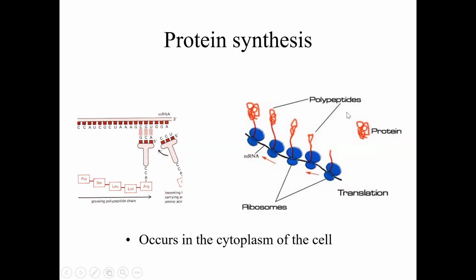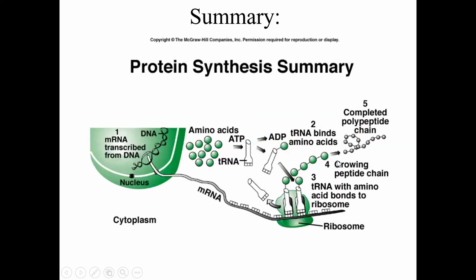Now you have your proteins, and then you have your polypeptides. This is a single protein, this is the peptide, and you have many of the peptides that are produced depending on which protein is going to be produced, and you have your polypeptide.